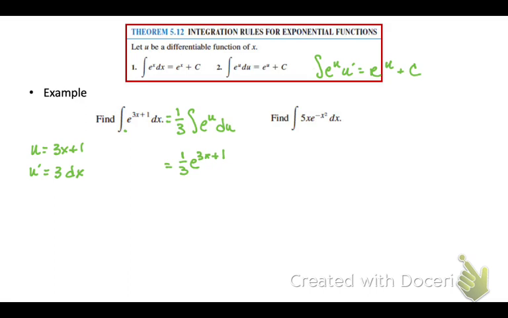Okay, so the integral of 5x e to the negative x squared. So what's u? Negative x squared. So u prime is negative 2x dx. So what's going on in this one?